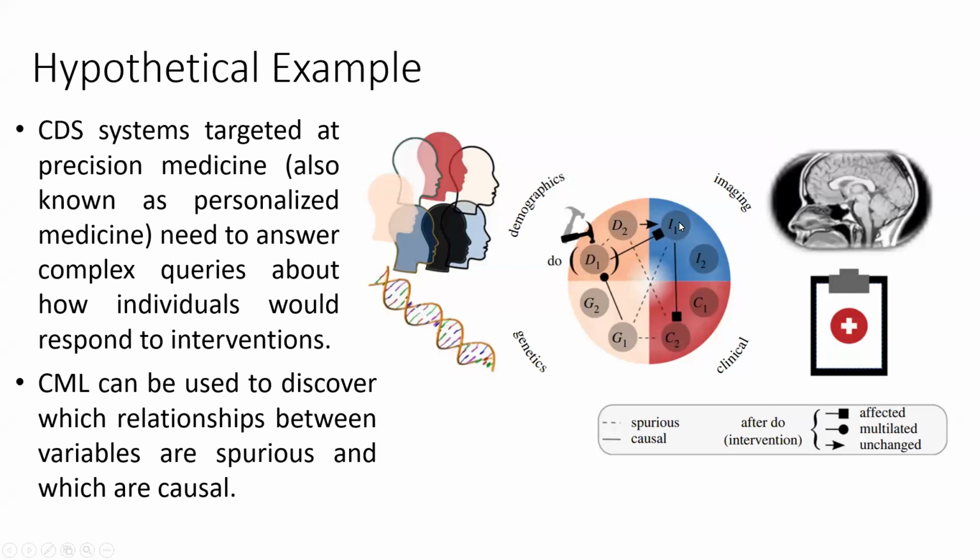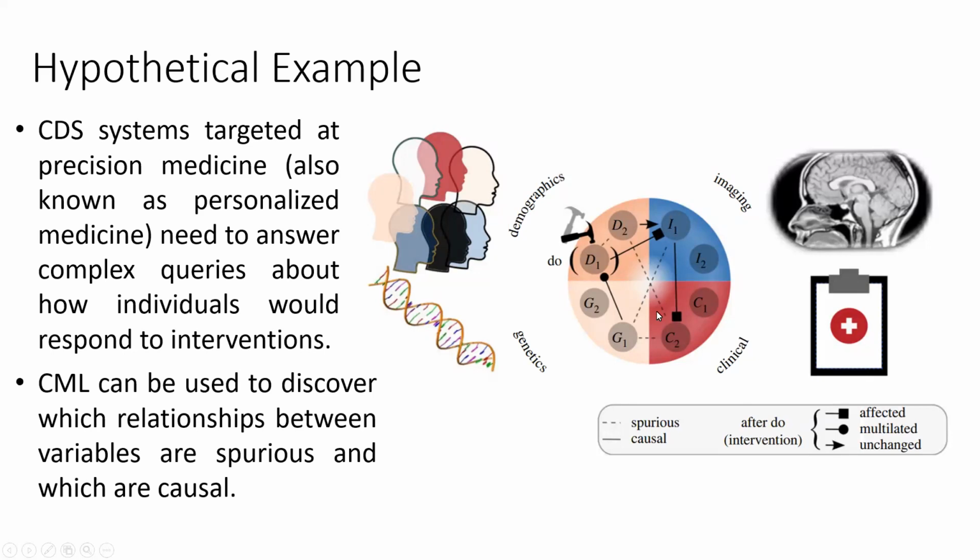For example, here I1 might correspond to the brain volume derived from a medical image. CML can be used to discover which relationships between variables are correlations and which are causal. Here in this figure, the dashed lines represent the correlation relationships, and the solid lines represent the causal relationships.